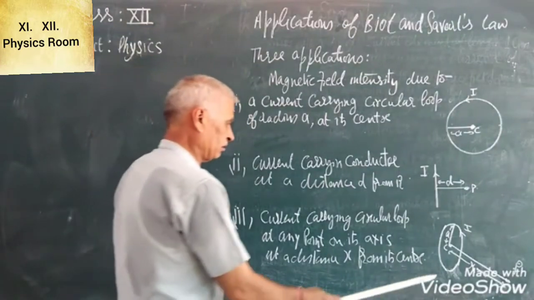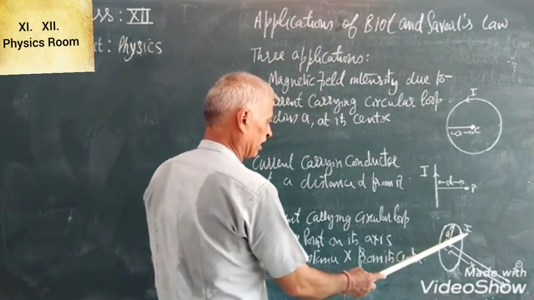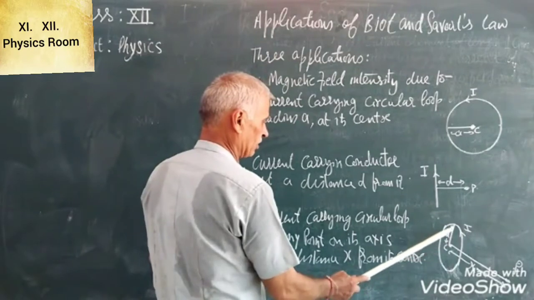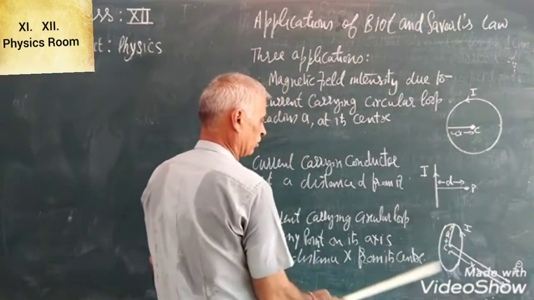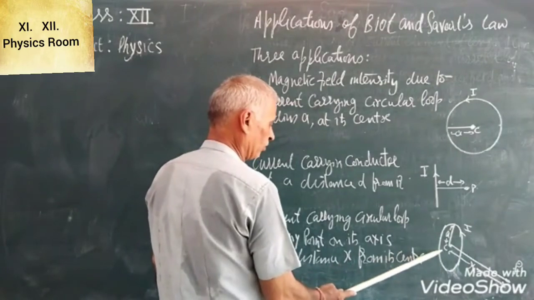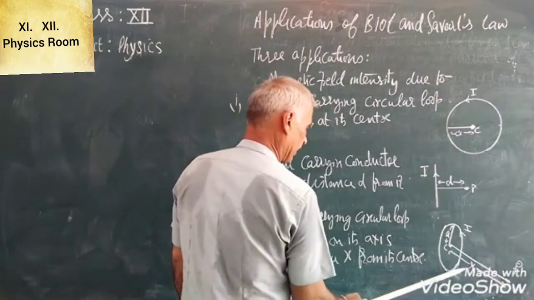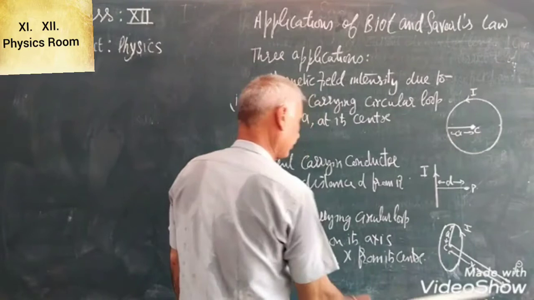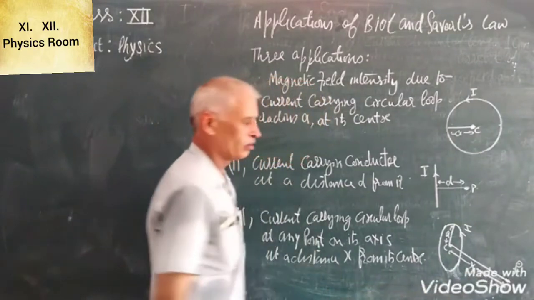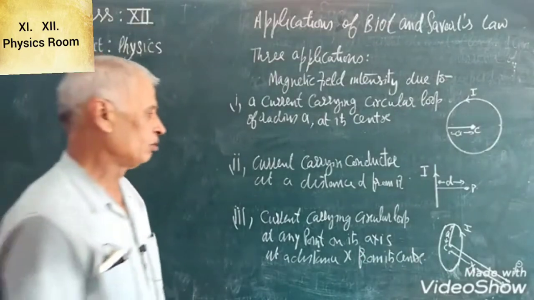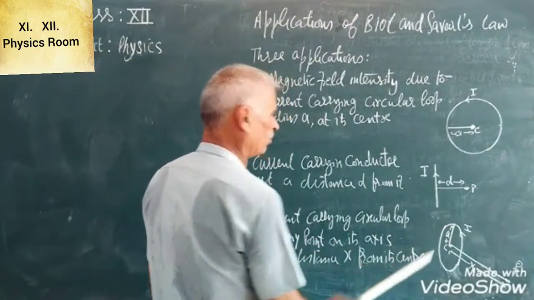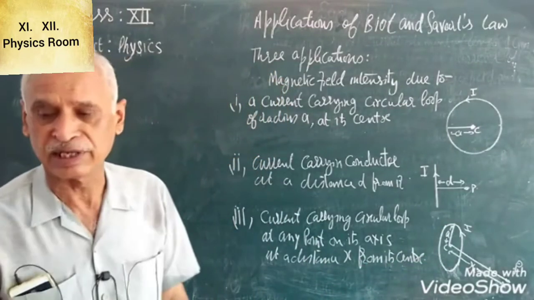Now here is a loop carrying steady current I, radius is A, and this is the axis of the loop passing through the center of the loop and is perpendicular to the plane of the loop. This point P is at a distance x from the center of the loop, and at point P we are to find out magnetic field intensity due to the current carrying loop using Biot and Savart's law.